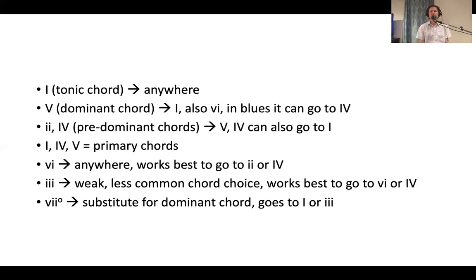Another interesting choice is if 7 goes to 3. 7 almost ends up being like a dominant chord for the 3 chord when you put it before 3. So what could you do? You could actually go from 1 to 7 to 3. So let's see how that sounds.